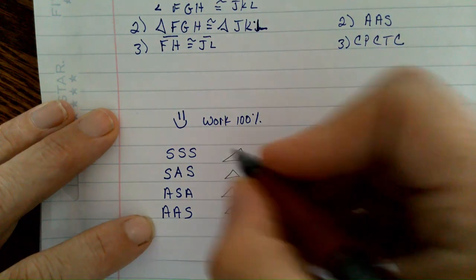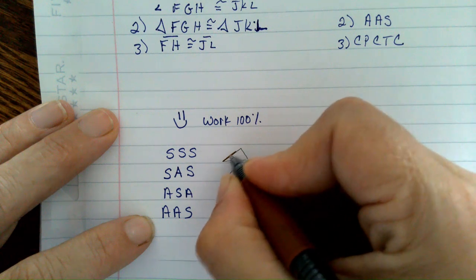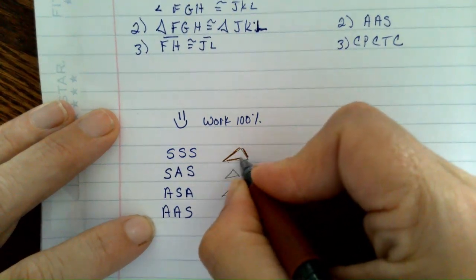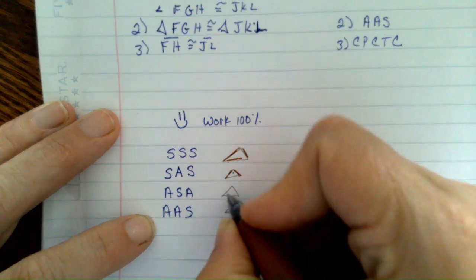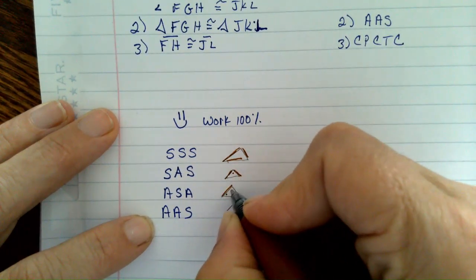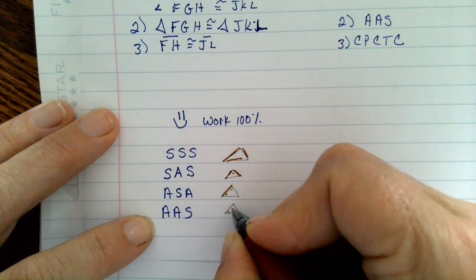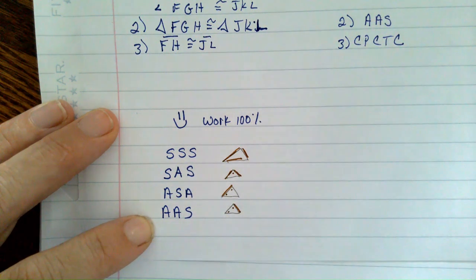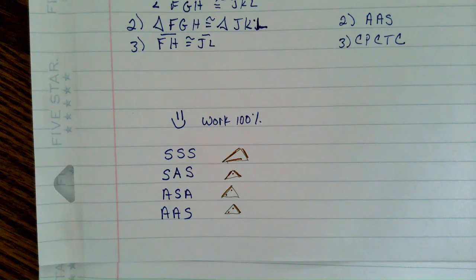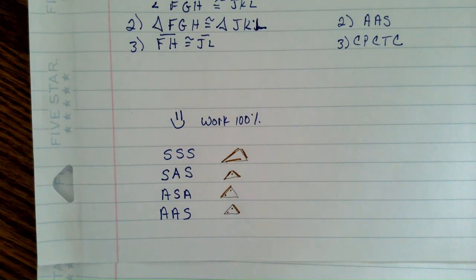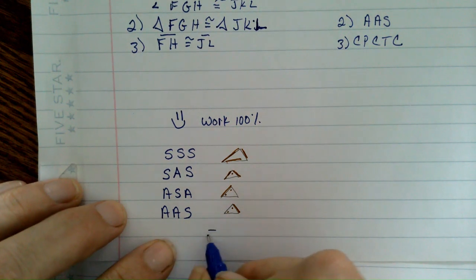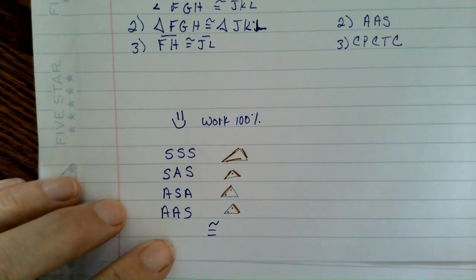Okay, so side, side, side; side, angle, side; angle, side, angle; angle, angle, side. So I kind of highlighted those as we went. Those are going to work 100% of the time if you're trying to prove congruence. Okay?